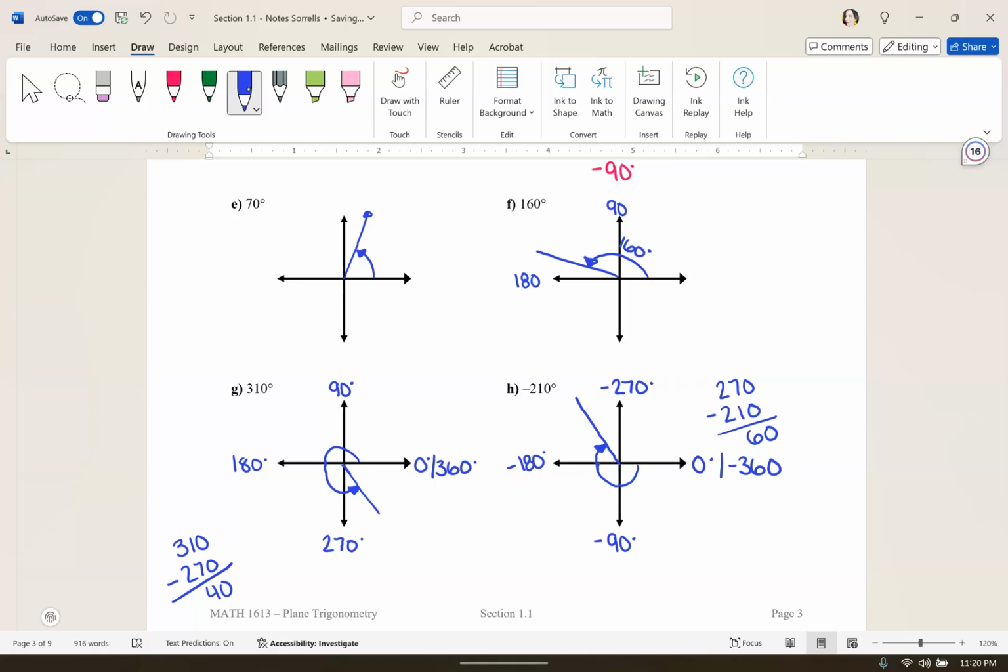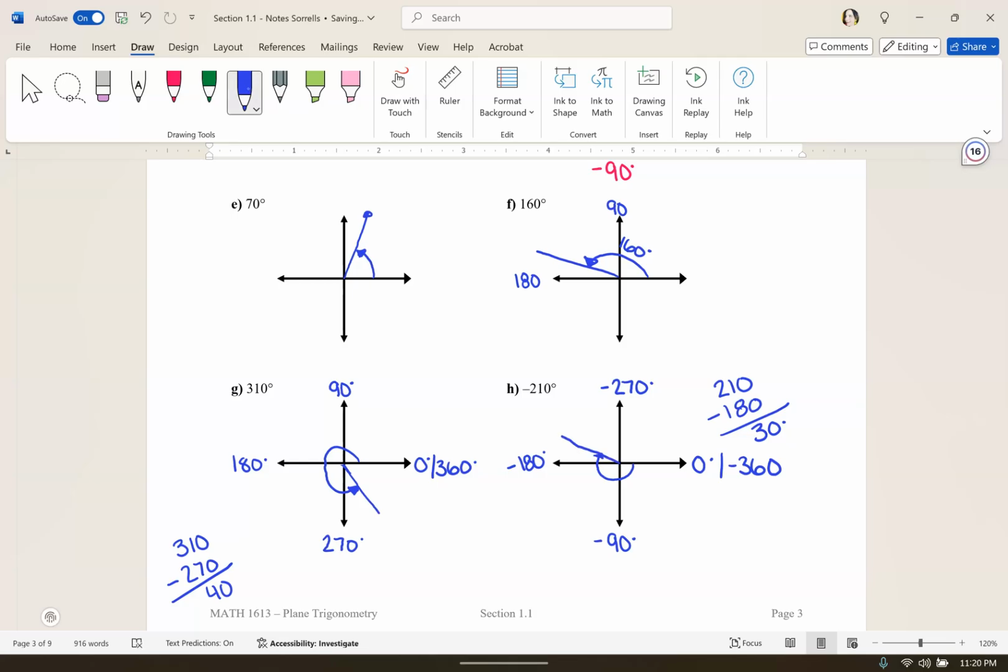Hold on. Let me back that up. Don't do that. You always go off the x-axis. That's way too high. Because the difference between 210 minus 180 is 30. So I went too high on that one. That is roughly about right there. So sorry about that, you guys.